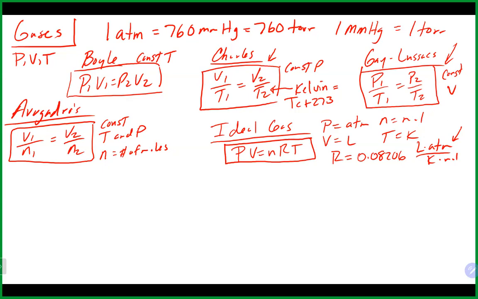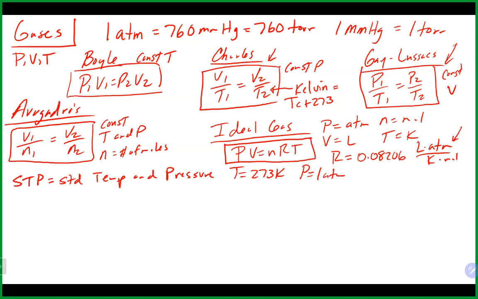We also talked about a couple of things like STP, which stands for standard temperature and pressure. And remember that when you do have something at STP, it represents actual numbers. The temperature is 273 Kelvin and the pressure is 1 atmosphere.